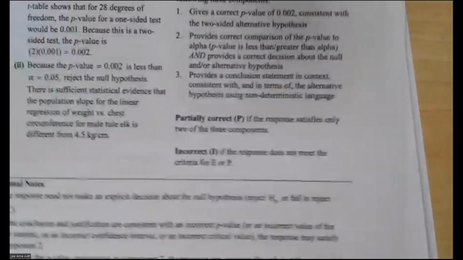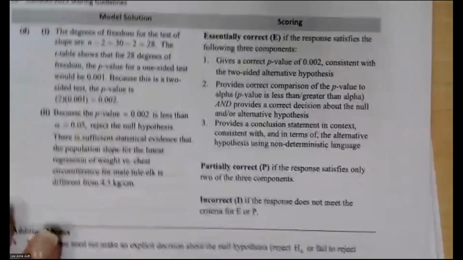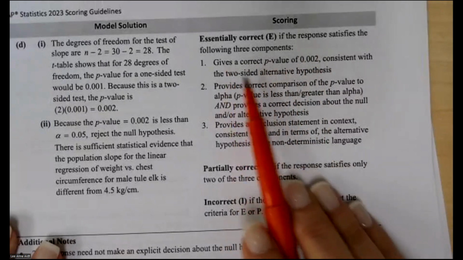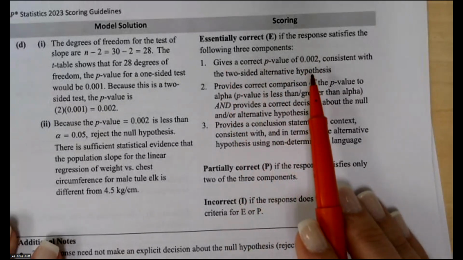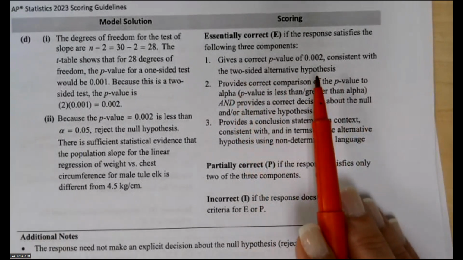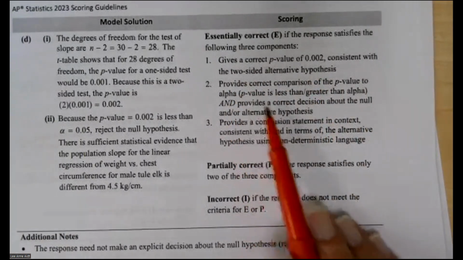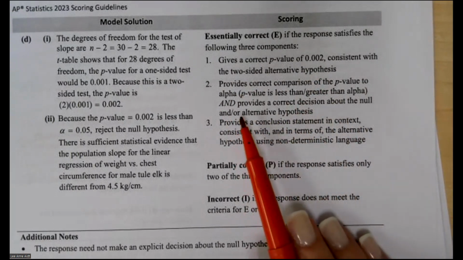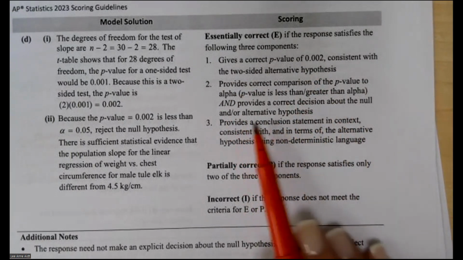Last one here. Gives a correct p-value of 0.02002, consistent with the 2-sided alternative hypothesis. Provides correct interpretation of the p-value to alpha and provides a correct decision.